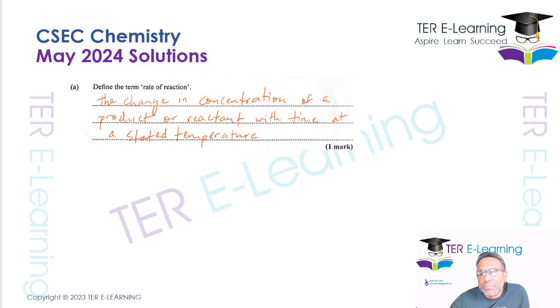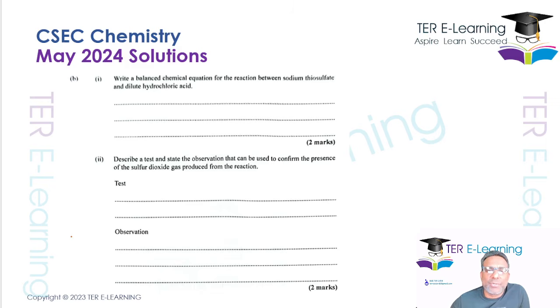Should have been 2. Write a balanced equation for the reaction between sodium thiosulfate and dilute hydrochloric acid. So we have sodium thiosulfate, which is Na2S2O3. They give you this in the question. You're reacting that with HCl, that's hydrochloric acid.